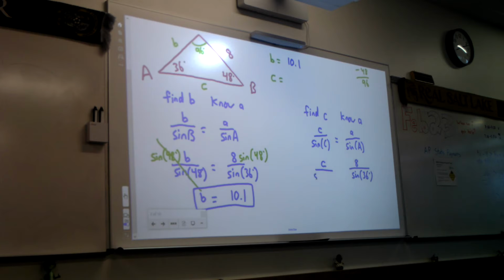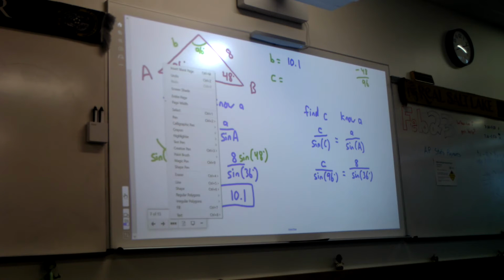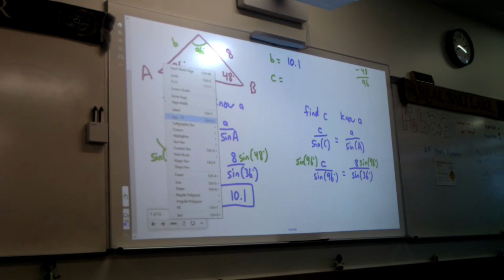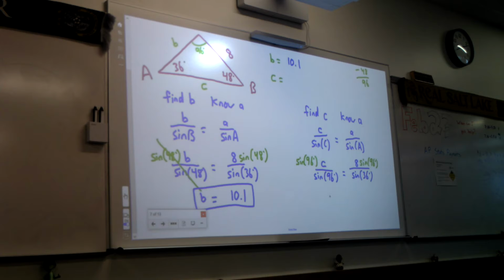And you said C over sine of 96, right? Yeah. Awesome. So then, just like on the last one we did, we want to get C alone, it's being divided, so we're going to multiply by what it's being divided by, which was the sine of 96. So then, Micah, you said you put that into your calculator, and what did it give you? 13.5.